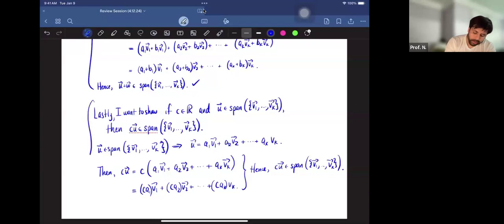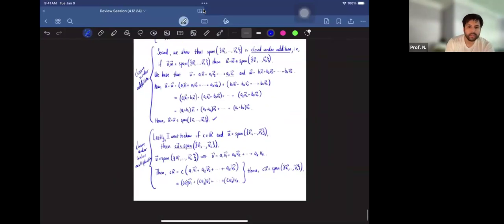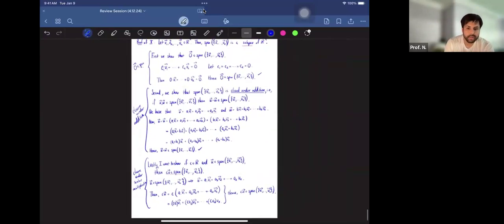And this is the third, called closure under scalar multiplication. So by these three properties, we can conclude, thus, the span of a set of vectors in Rn is a subspace of Rn.